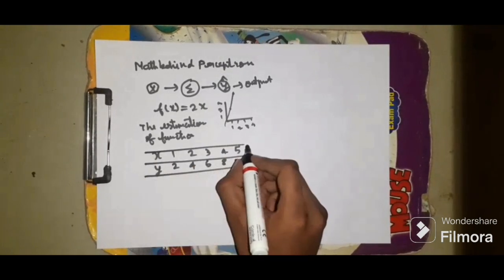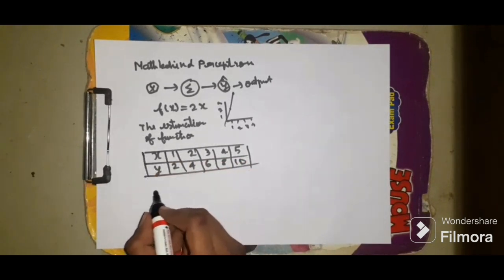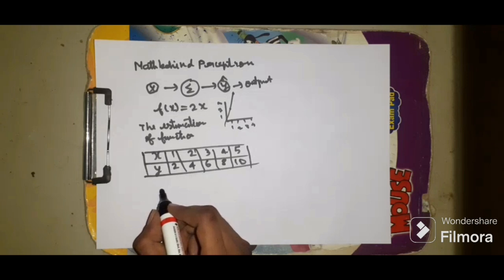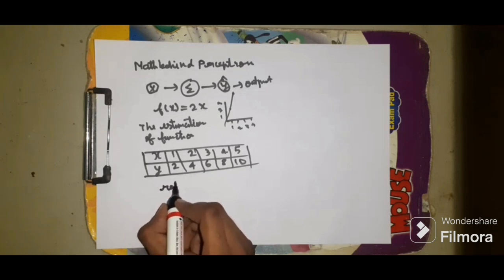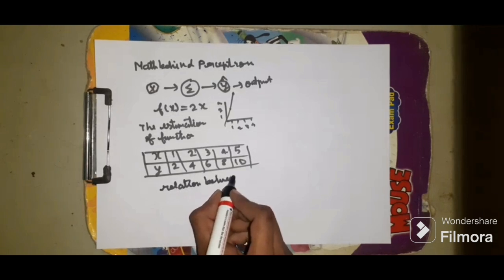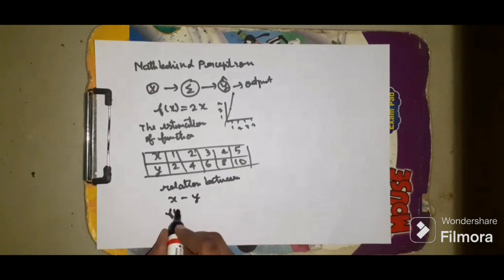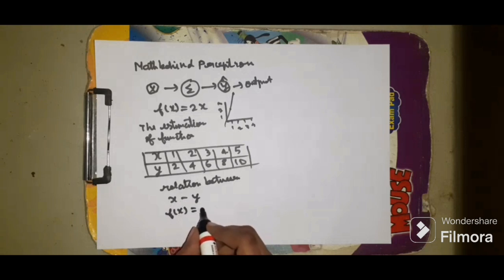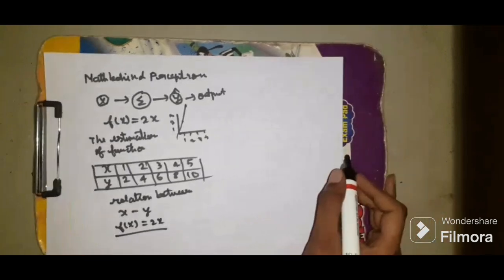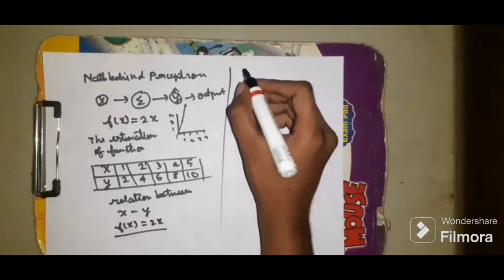These input and output pairs will be fed into the network and it will find out the relation between x and y. F of x equal to 2x. It will find out this relationship between the function. Let's see how it works.